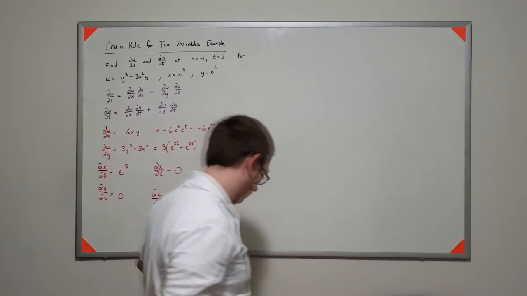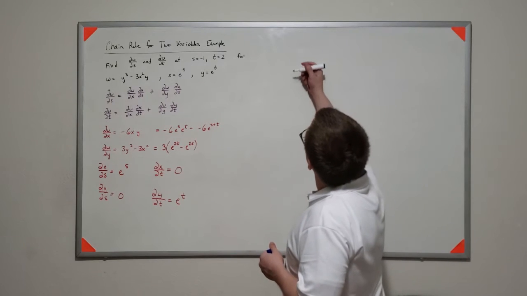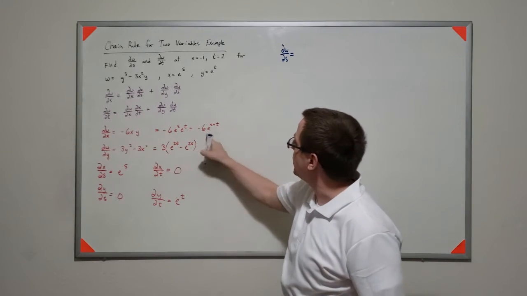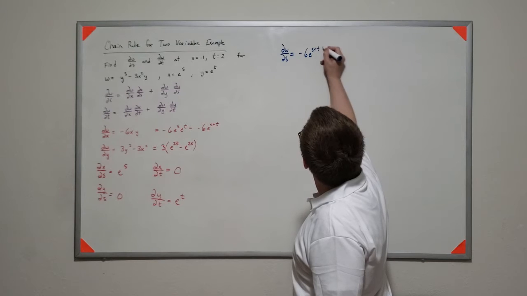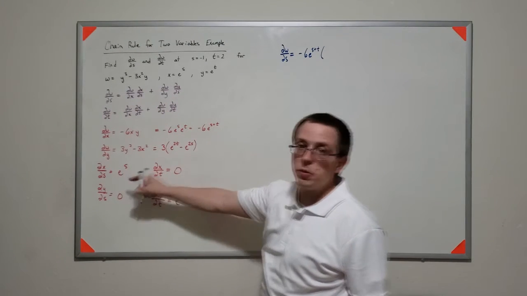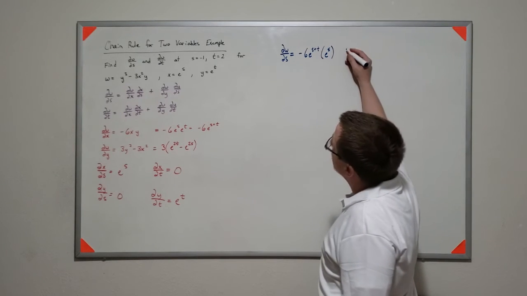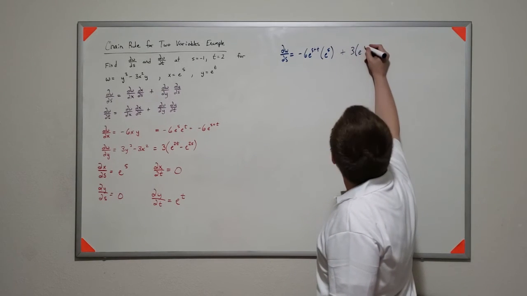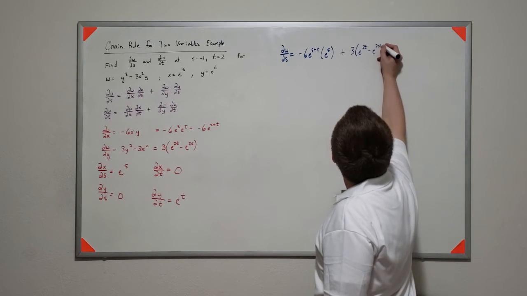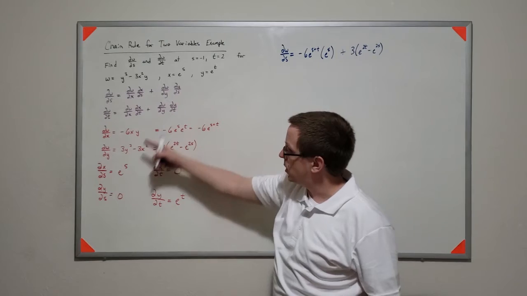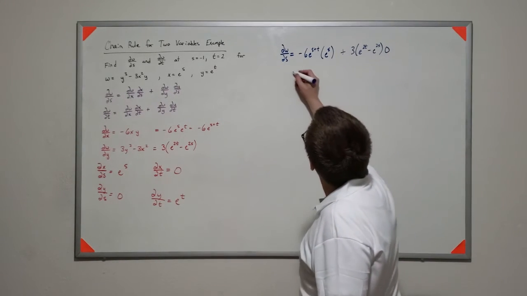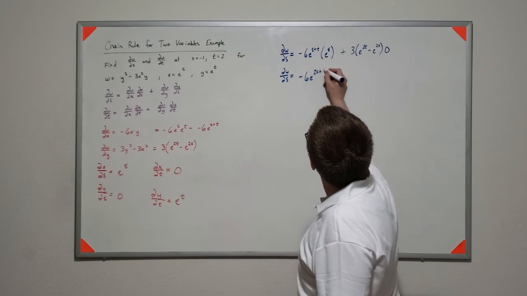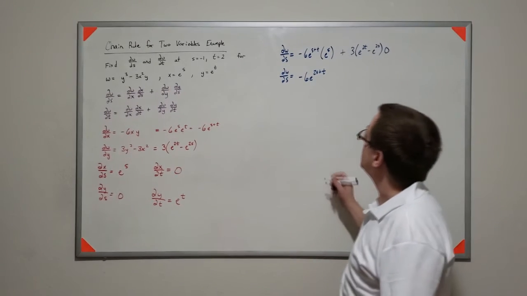Let's put that together. So I need the partial of w with respect to x times the partial of x with respect to s plus the partial of w with respect to y times 0. So that's negative 6 e to the 2s plus t.